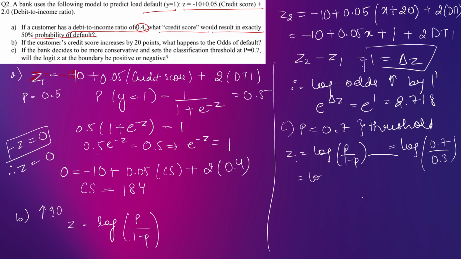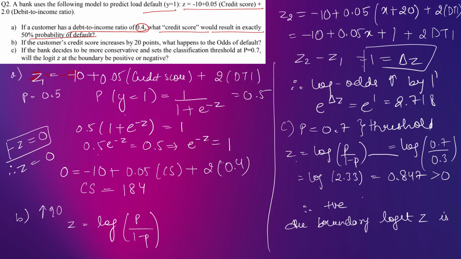This will be approximately 2.33, and log of 2.33 comes out to be 0.847. This is greater than 0, therefore positive. The boundary logit z is positive.